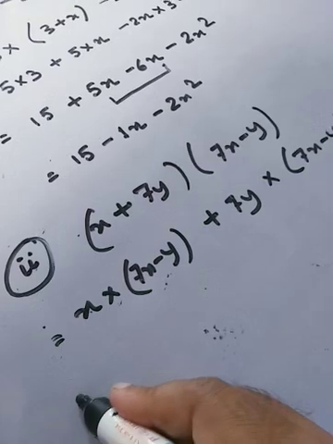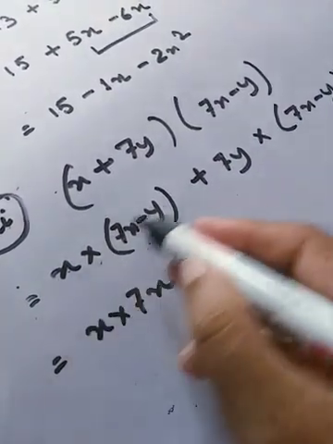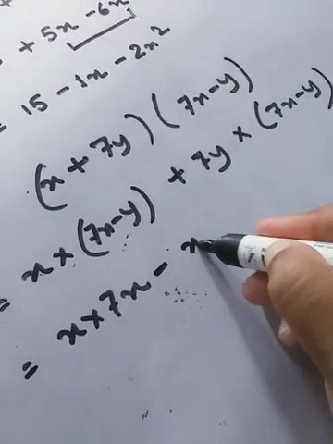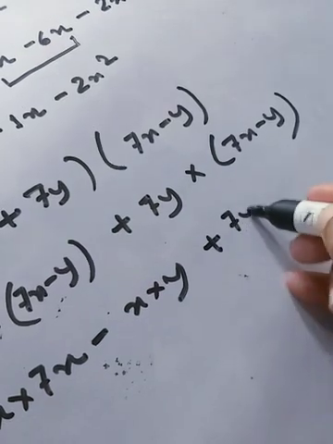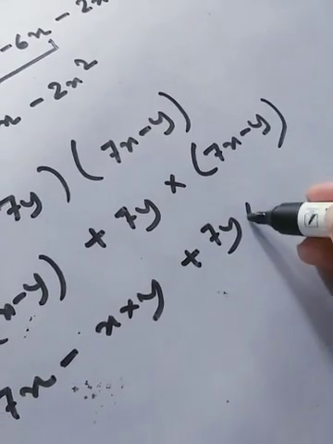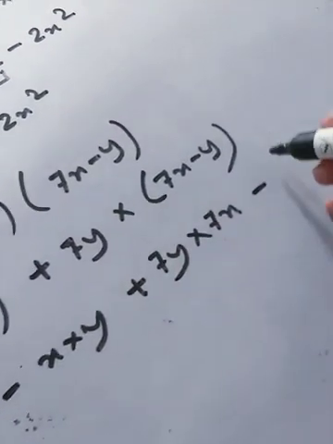Now we'll open the bracket. X into 7x, plus minus is minus x into y. Now with this we have to multiply 7y into 7x, plus minus is minus 7y into y.